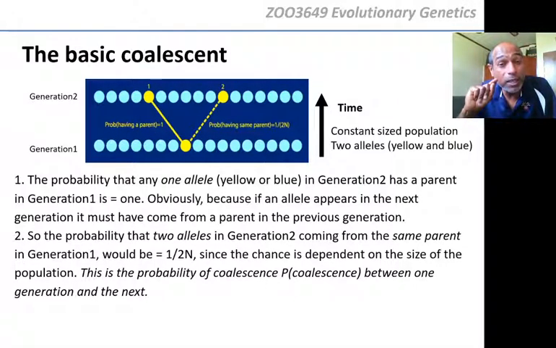We have discussed how to model genetic drift in a Wright-Fisher population. You have the divergence at 1 over 2n between two Wright-Fisher populations. You have the increase in homozygosity at the rate of 1 over 2n, the inbreeding coefficient. And this is the last way to do it, using the coalescent. The probability that two alleles or two individuals in generation 2 have the same ancestor in generation 1 is 1 over 2n.